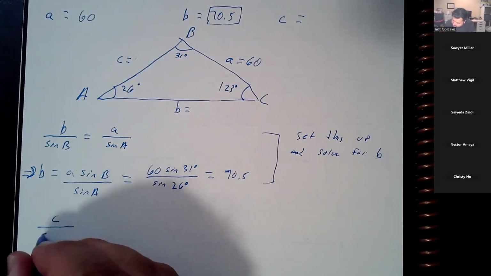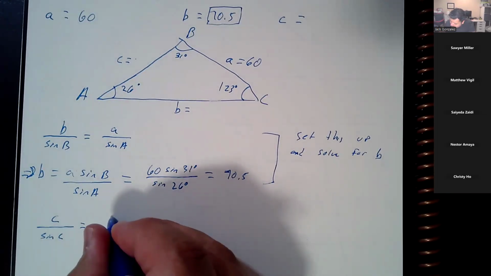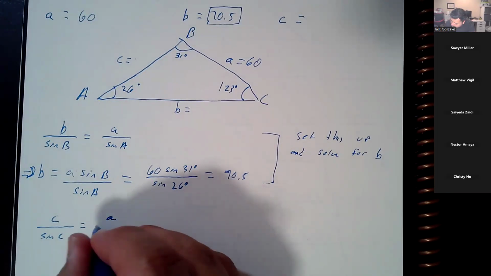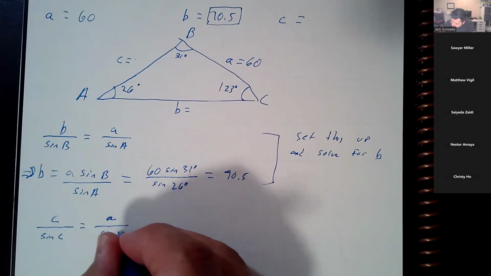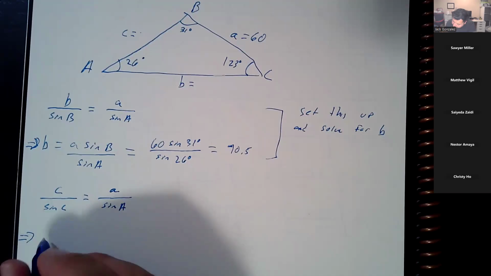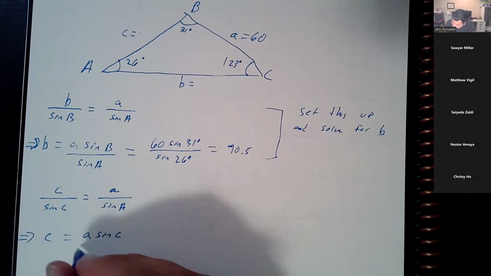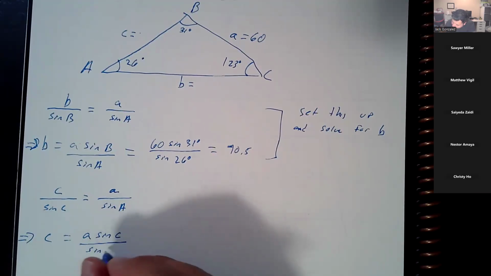C over sine C is equal to A over sine A. Isolate your C. So C is equal to A sine C over sine A.